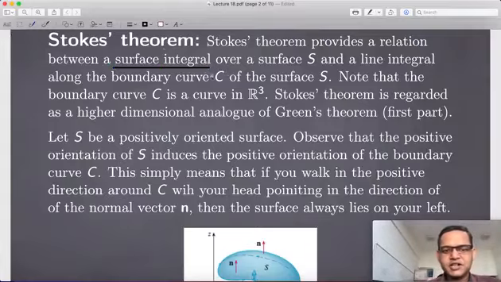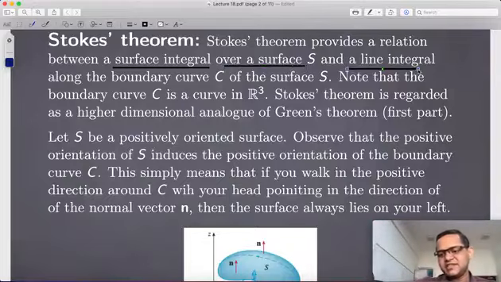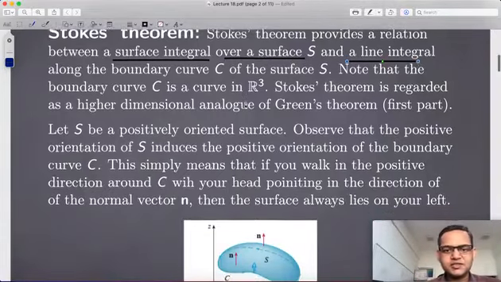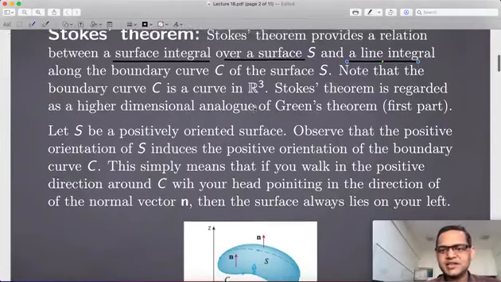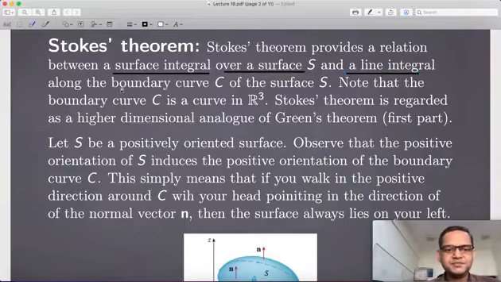What this theorem basically does is, you consider a surface integral over some nice surface and then look at its boundary curve, okay? So you have a piece of surface and then imagine the boundary curve. Basically it gives you a relation, like we had in Green's theorem or in the fundamental theorem of calculus, that the integral over the surface is given in terms of the integral of some other function, which will come from the vector field, over the boundary curve, okay?